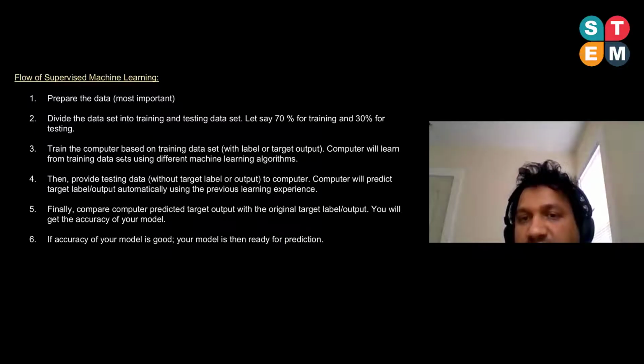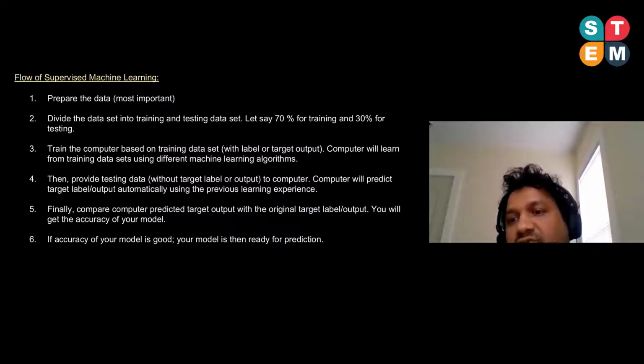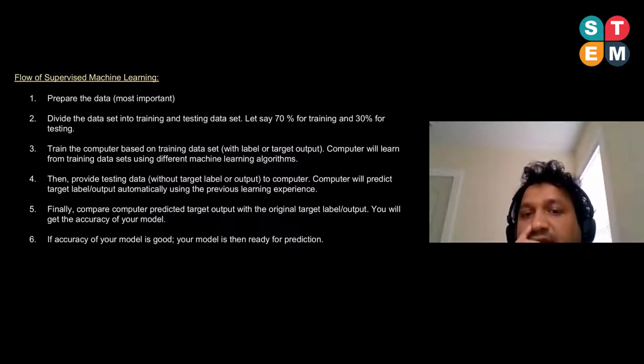In the training data set, you will have all the parameters as well as the target output, because we will teach the computer based on past known data. From this training data set, the computer will learn using different machine learning algorithms. Then we provide the testing data, without the target output, to the computer, and the computer will predict the target output automatically using the previous learning experience.